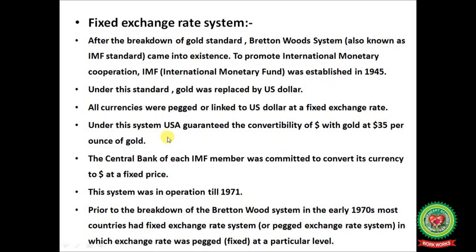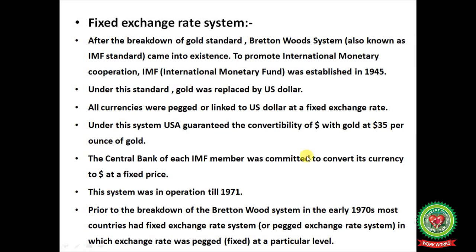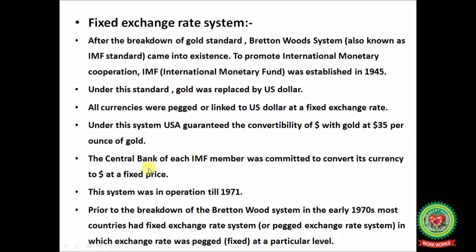Under this system, the USA guaranteed the convertibility of the dollar with gold at $35 per ounce of gold. The central bank of each IMF member was committed to convert its currency to dollars at a fixed price. This system was in operation till 1971.